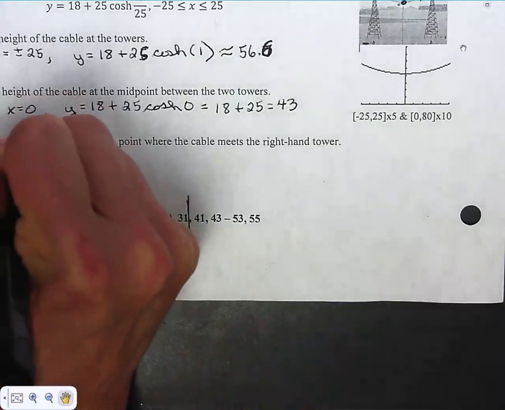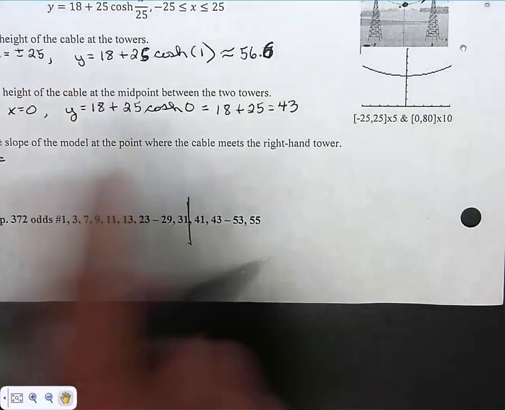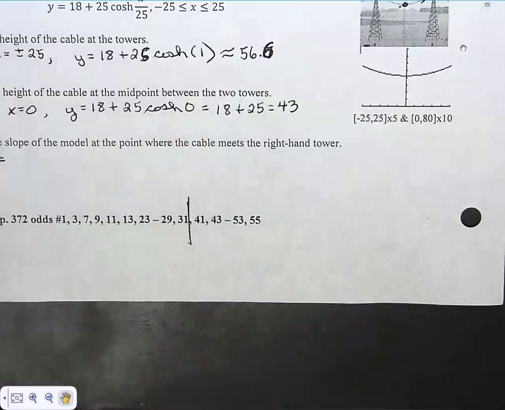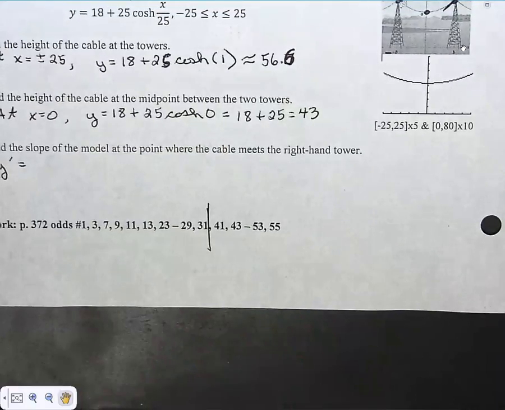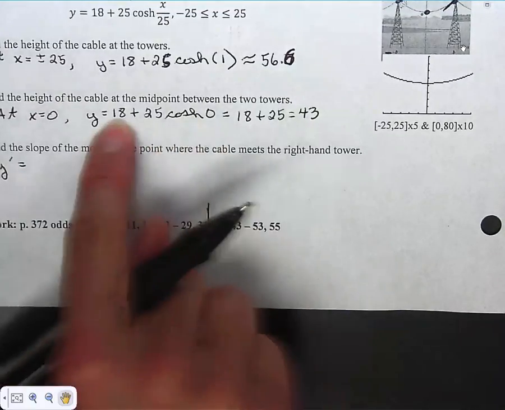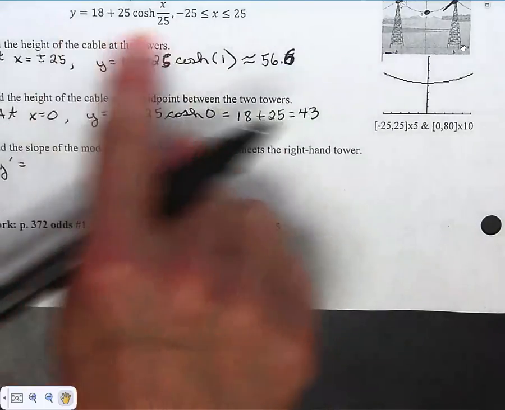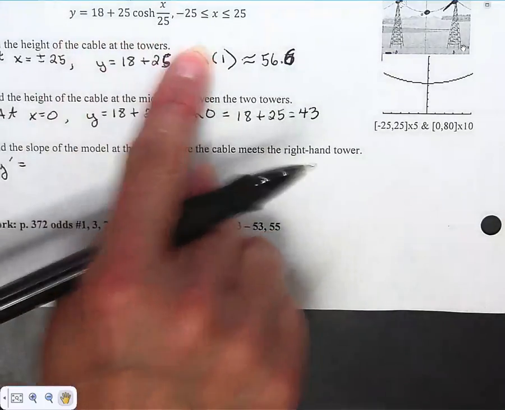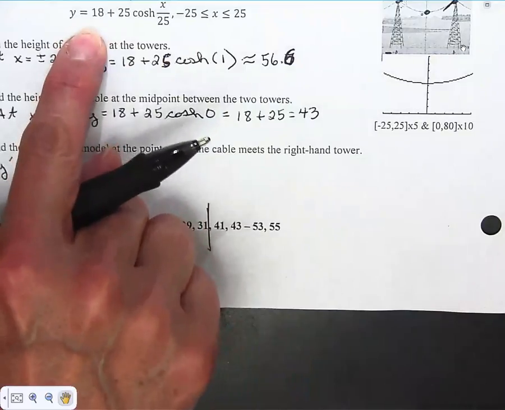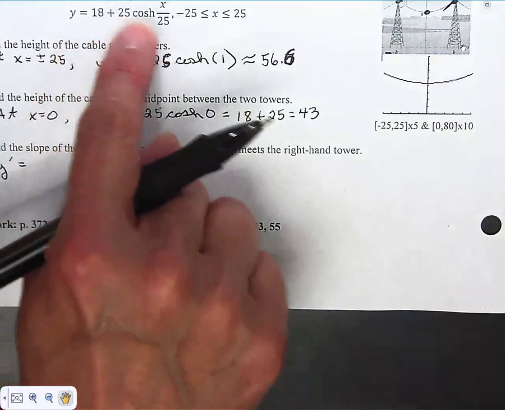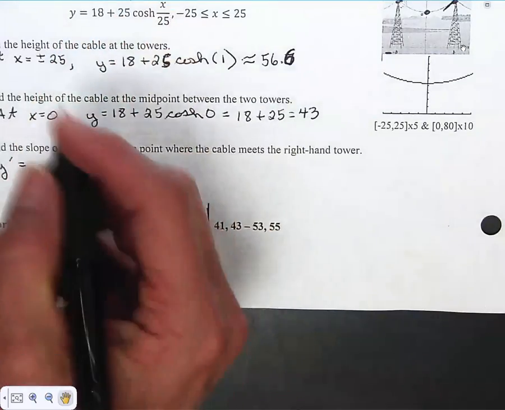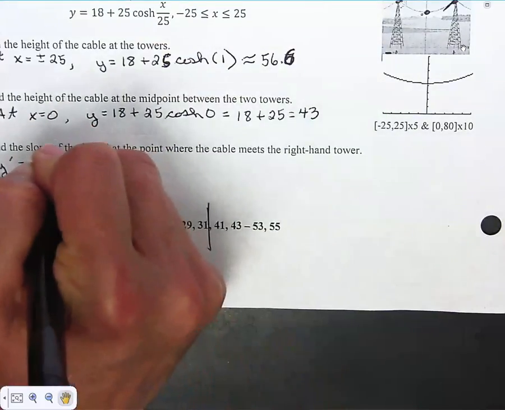So, slope of the tangent line. Y prime is, what's the derivative of that? Actually, I didn't mean to point there. I meant to point up here. The derivative of the equation. Derivative of a constant is 0. The derivative of 25 cosh x over 25 is, talk to me.